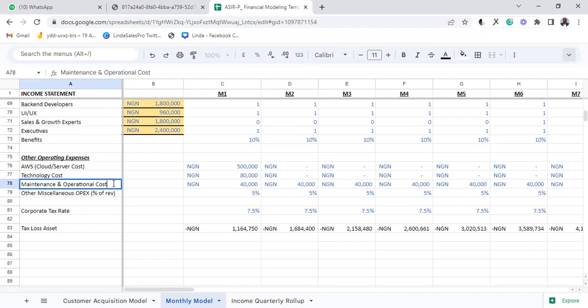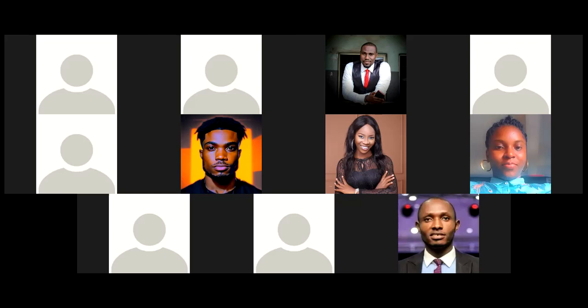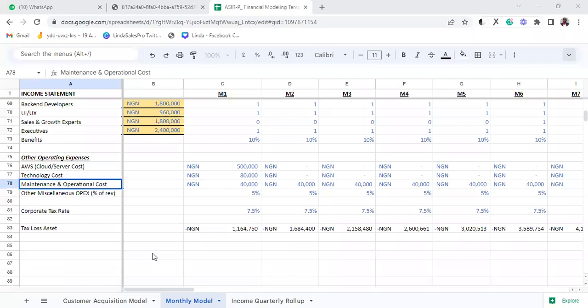Ladies and gentlemen, at this time, I believe you can permit me to move to the last tab.